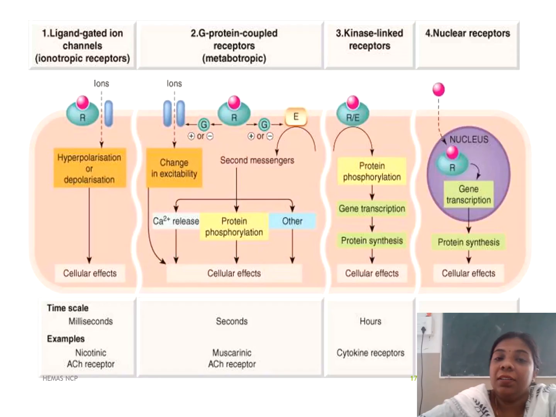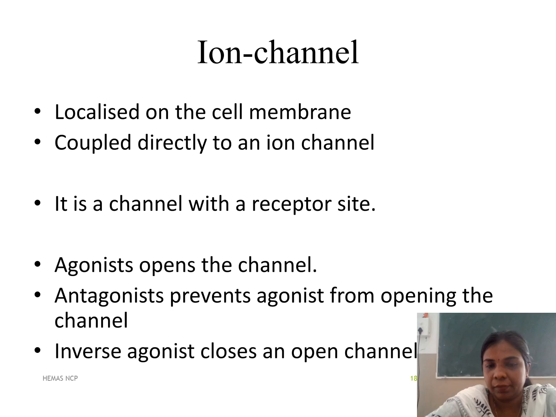The common types are receptor tyrosine kinase, cytokine receptor, and the JAK-STAT pathway. Effects are cell growth, differentiation, metabolism, and immune response. Examples are the epidermal growth factor receptor, EGFR, and the cytokine receptor. It is important in diabetes and cancer therapy.